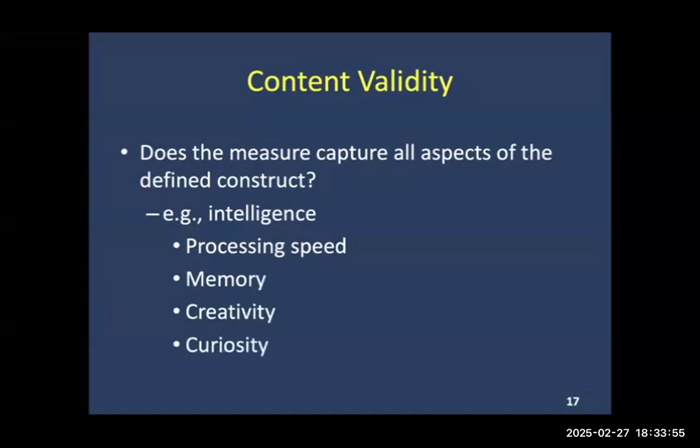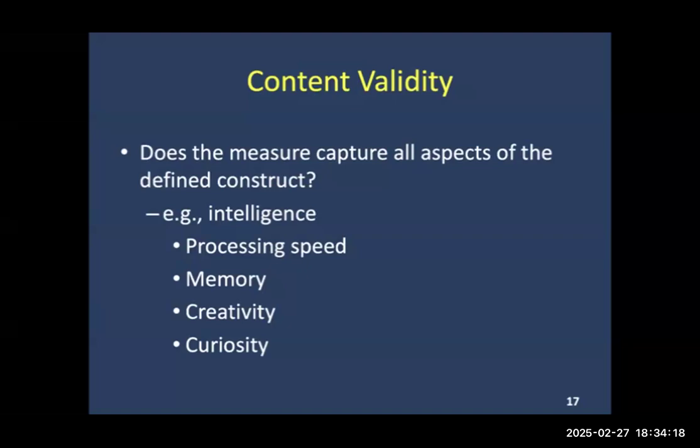When we are talking about a construct, we're going to look to previous research to give us an idea of what the different aspects are that need to be included if we are going to do research on this particular construct. So face validity is just, yeah, it seems like it makes sense. Content validity is deeper.